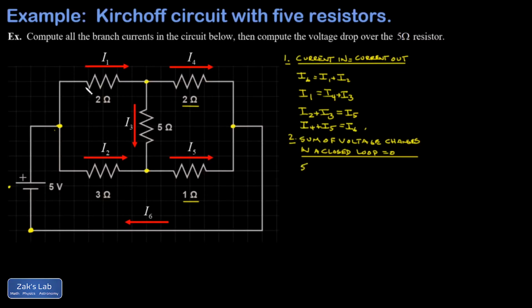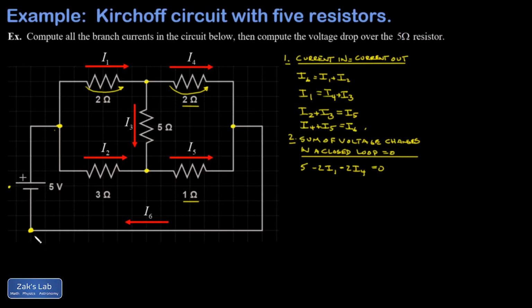And then as I go down over this 2 ohm resistor, that's a voltage drop of V equals IR, which is 2 times the current I1, so minus 2 I1. And then I have a voltage drop again over a 2 ohm resistor with a current of I4. So IR is 2 times I4. And there's no other circuit elements to pass through before I get to my finishing point. So the sum of the voltage changes equals 0.